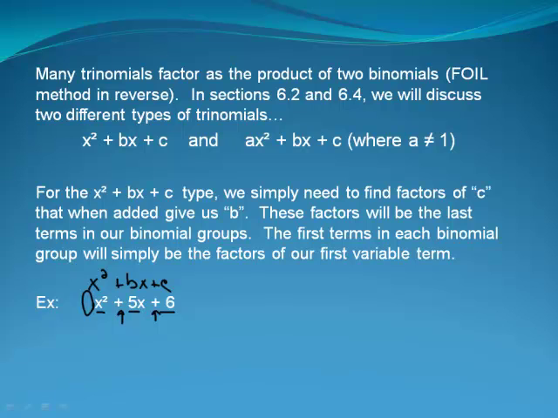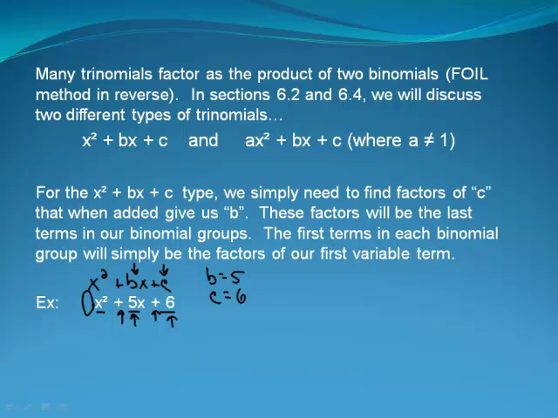For x squared plus bx plus c, the b represents the coefficient in front of the x, and the c represents the number at the end of the polynomial, in this case a positive 6. So for this example, b is equal to positive 5 and c is positive 6.